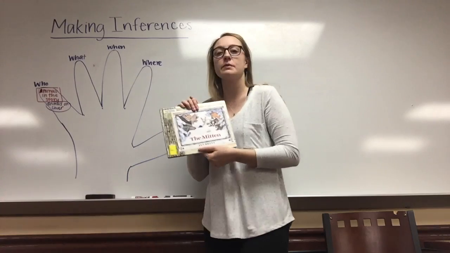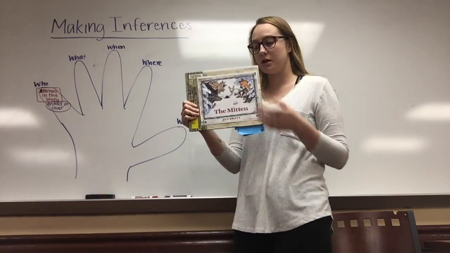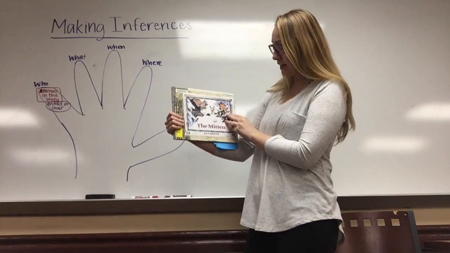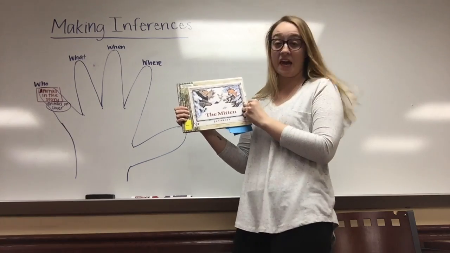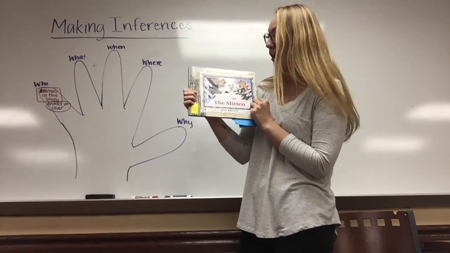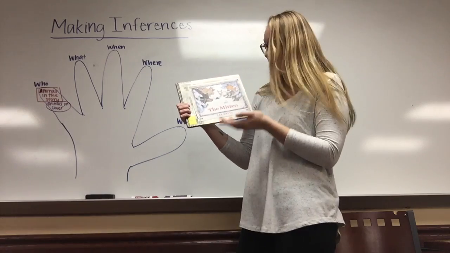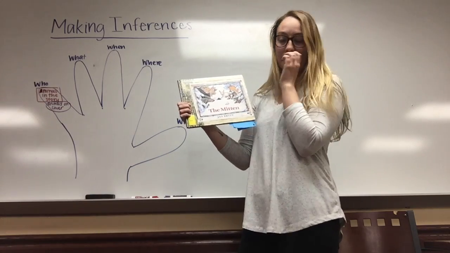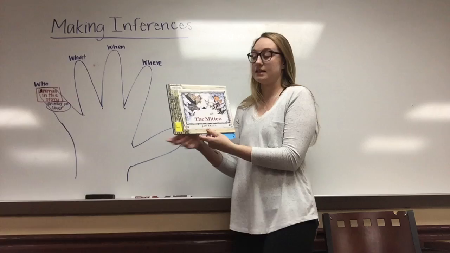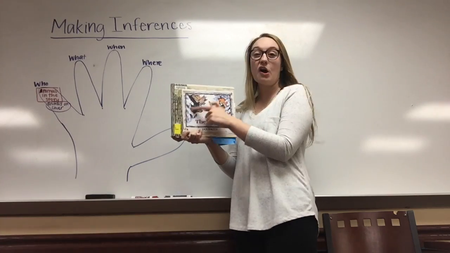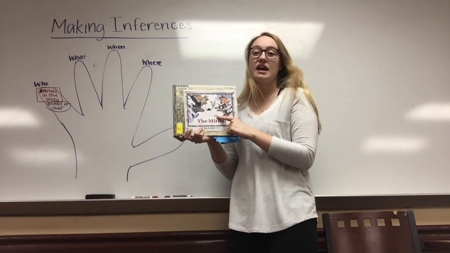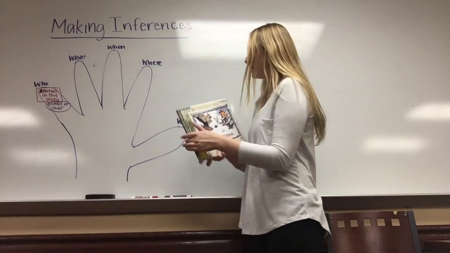Let's see, do you think we can make any more inferences just from our front cover? I think that the animals in our story are confused because they don't know what a mitten is. And I'm gonna say that because they're all looking at this mitten and they look confused. They look like they don't know what it is.